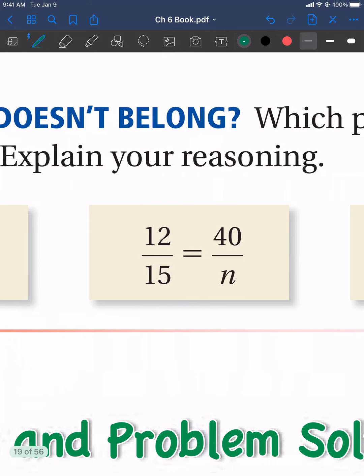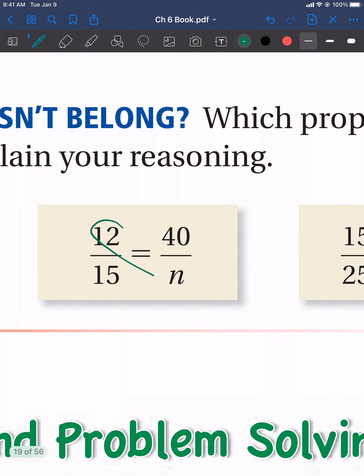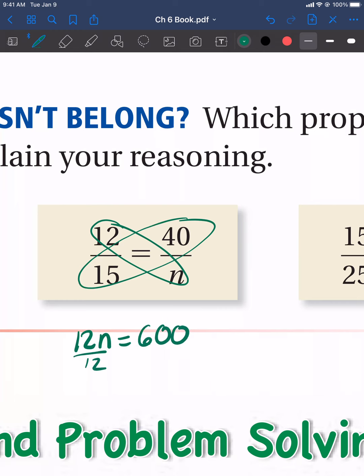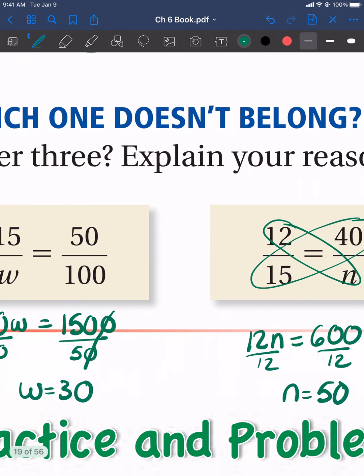Okay, solve the next one. Cross multiply, that'd be 12n. Cross multiply, 15 times 40 is 600. Divide by 12, 50. So far, 2 very different answers.